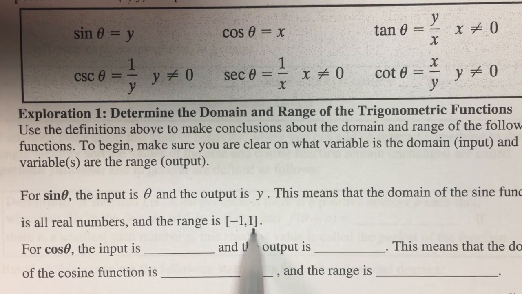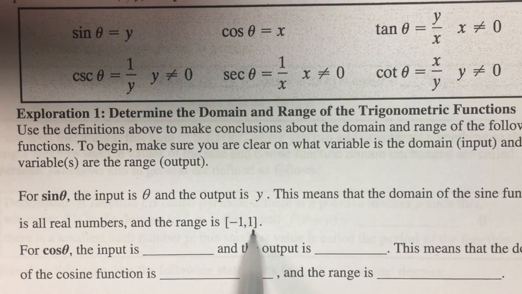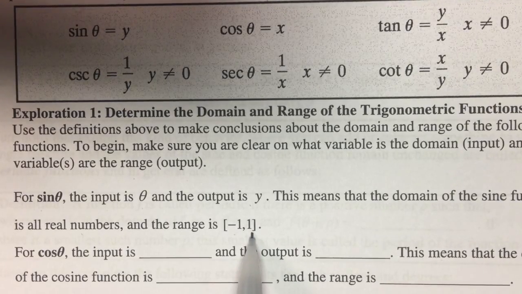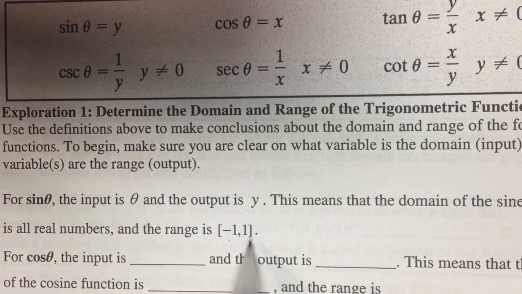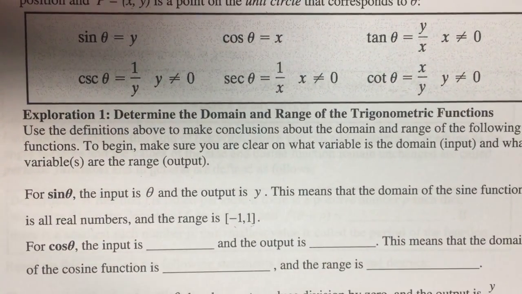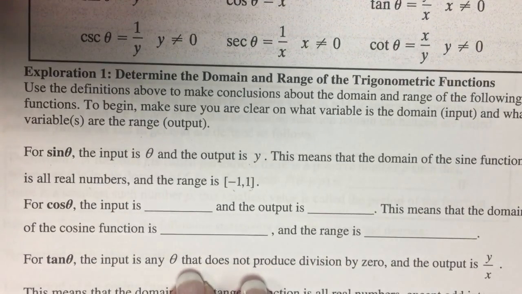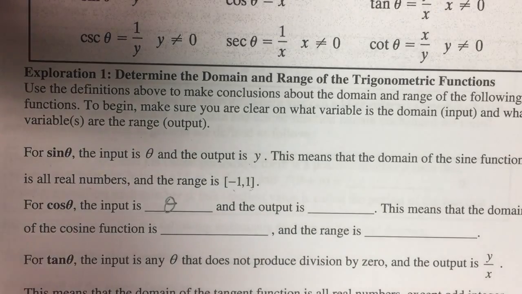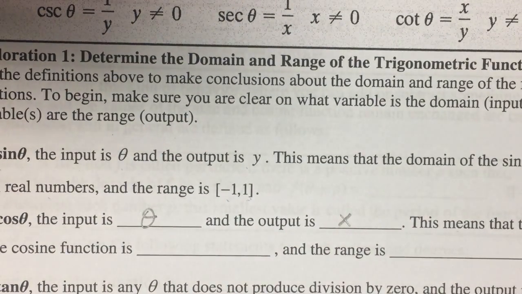If you play with the sine function in your calculator, whether in radians or degrees, you will see that for sine, and cosine for that matter, you will never get a value that's less than -1 or greater than +1. For cosine, it's the same thing. Your input is your theta, although for cosine, your output is your x.